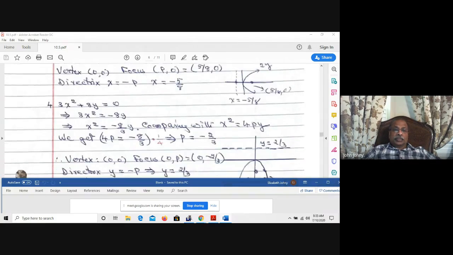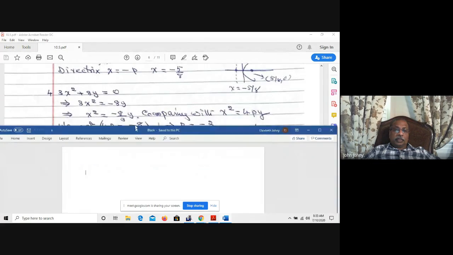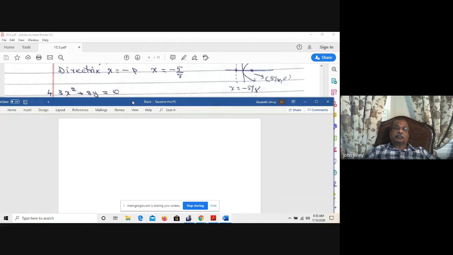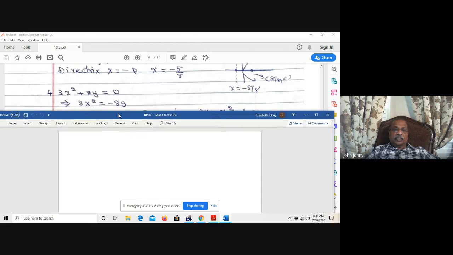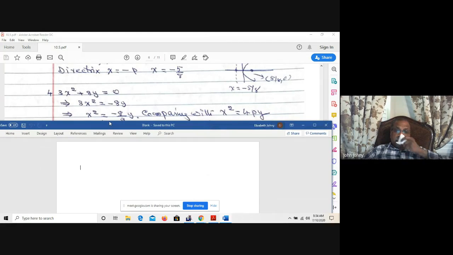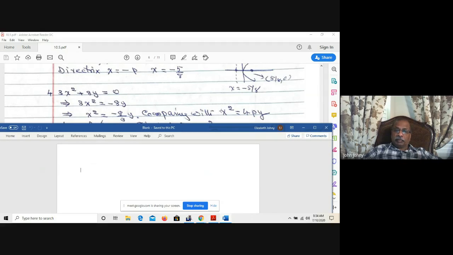Question number 4, the same thing. 3x squared plus 8y is equal to 0. That is 3x squared is equal to negative 8y by subtracting 8y on both sides. That is x squared is equal to negative 8 over 3 y. Now compare that equation with x squared is equal to 4py.